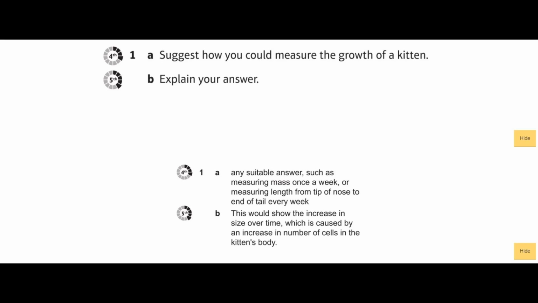And you can explain this by talking about how the organism, the kitten in this case, has grown and got bigger because the number of cells has increased. The cells themselves haven't got bigger, but the organism, the cat, has undergone mitosis and increased its total number of cells.